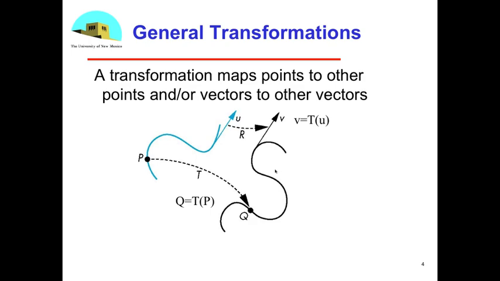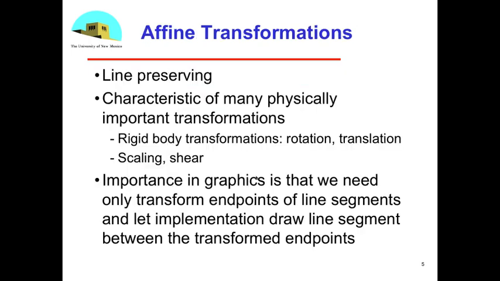What happens with a linear transformation or an affine transformation, the ones we really care about, as we said at the end of the last lecture, is that because they preserve lines, all I have to do is transform any two points on the line, and then I can reconstruct the transformed line instead of having to transform many points. And that's why it's so important in computer graphics to try and at least approximate with affine transforms, even if you have some sort of a nonlinear problem.